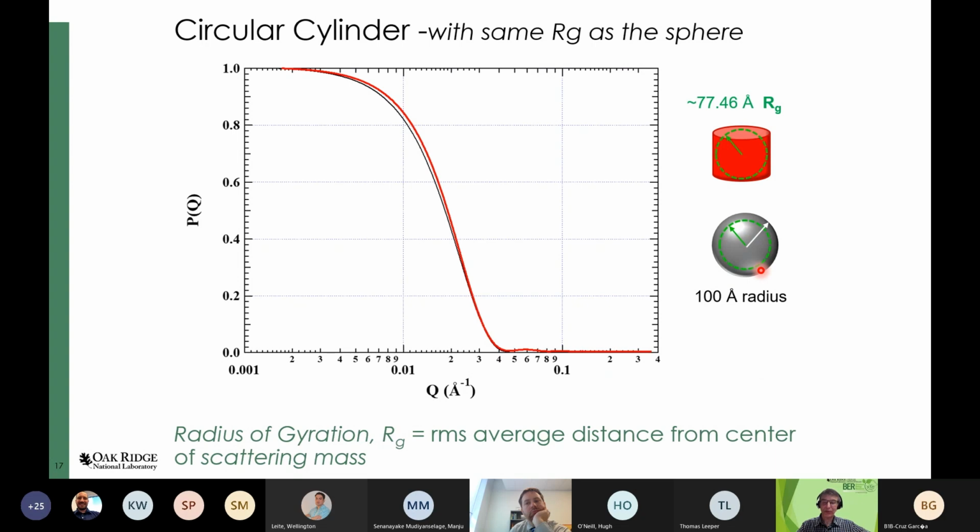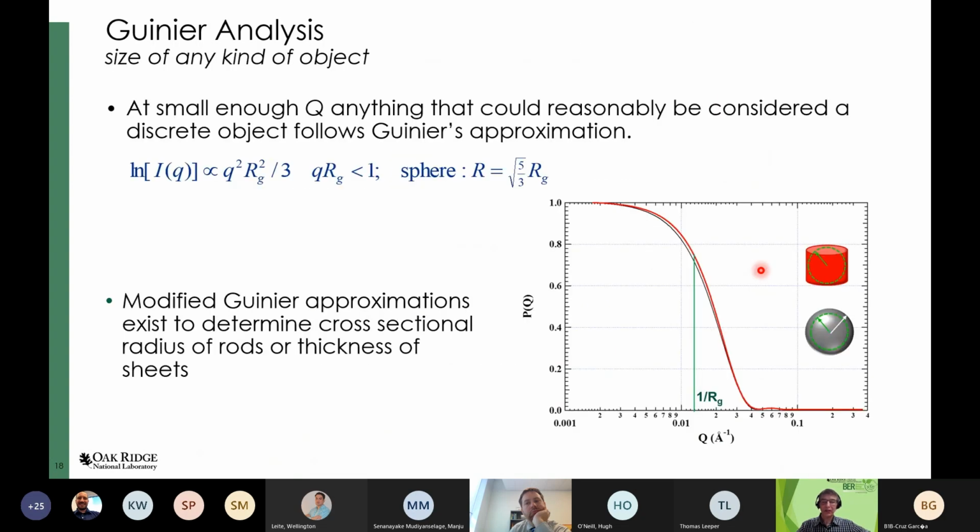If I go now to something, I'm going to mention this briefly. There's something called Guinier analysis. What it does is it extracts the size parameter, this RG, and you can apply that to any shape object. So whether that's a sphere or a cylinder, it gives you this overall size parameter.